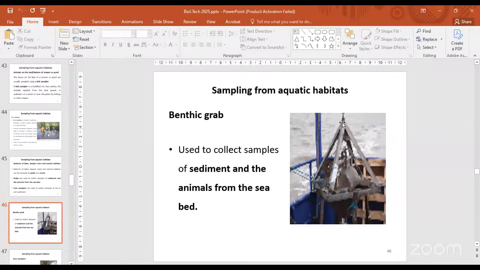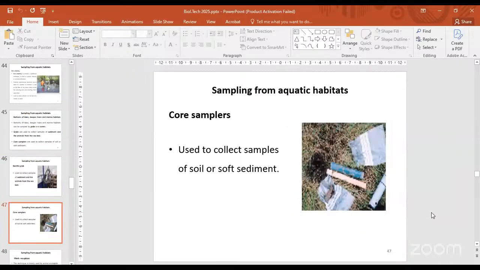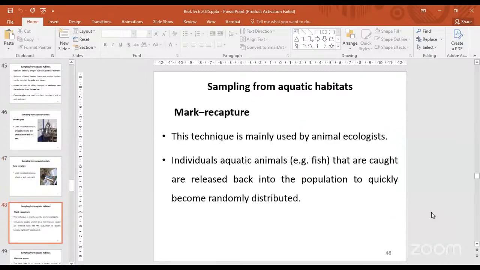A rope is tied, and this is lowered to the bottom of the ocean, and then the bottom is disrupted, and the attached net could be used to collect floating sediment and bottom-dwelling organisms. And then this is a core sampler. We also talked about all this last week, the last time we met rather.